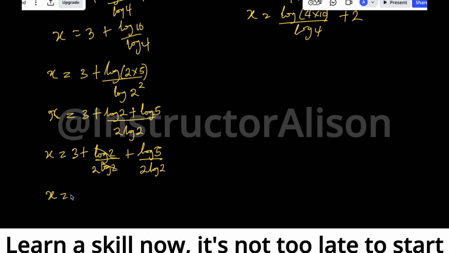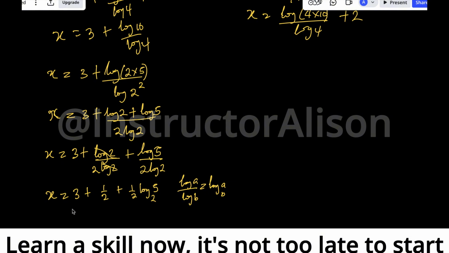So I'll have x equal to 3 plus 1 over 2, then plus 1 over 2 log 5 base 2. How? It's simple, because if I have log a divided by log b, I can replace this as log a base b. That's what I did on log 5 and log 2. And this 1 over 2, here is 1, here is 2. That's how I got this.